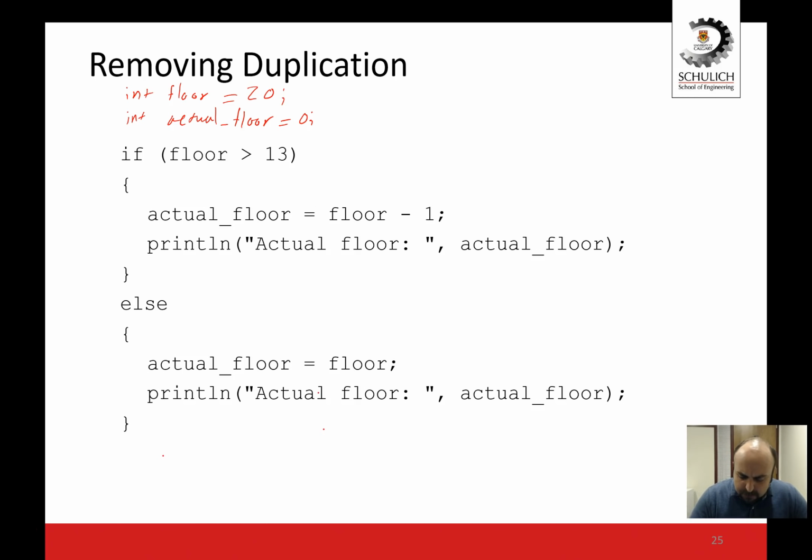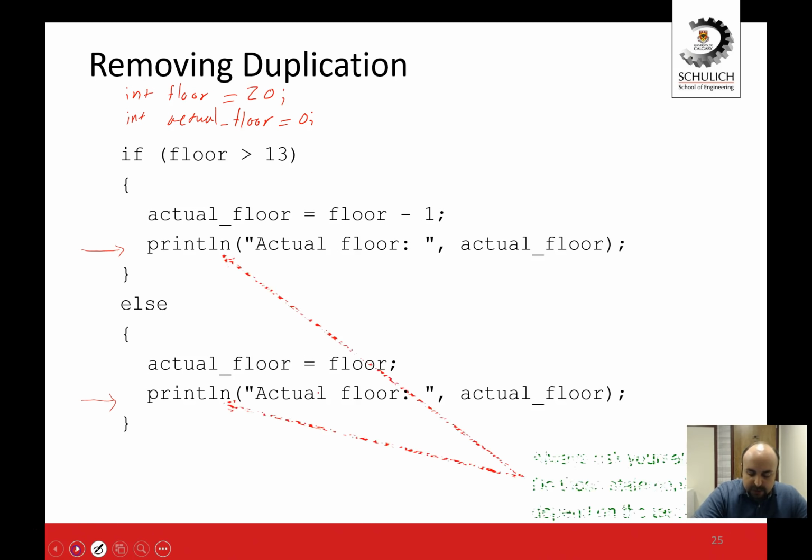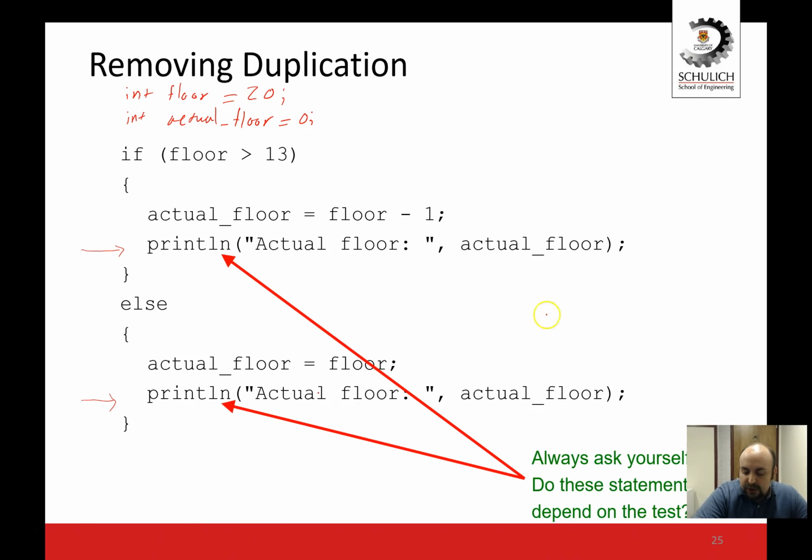But what problem do you see? So you see that this code and this code, the print statement is happening twice. You're using it once inside the if and then once inside the else, where it's absolutely identical. So you could ask yourself, do you need both these lines?